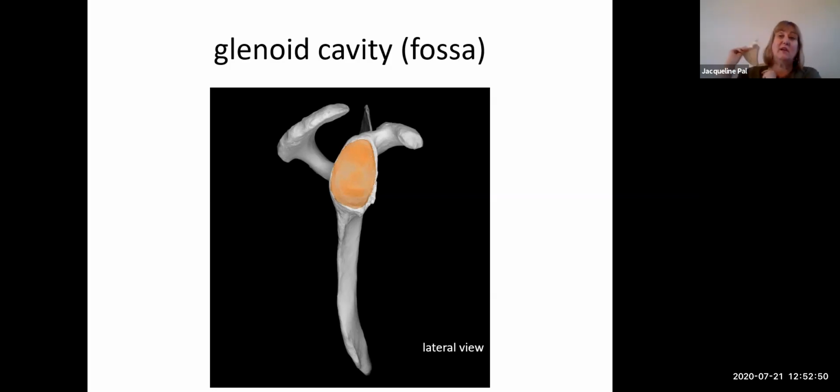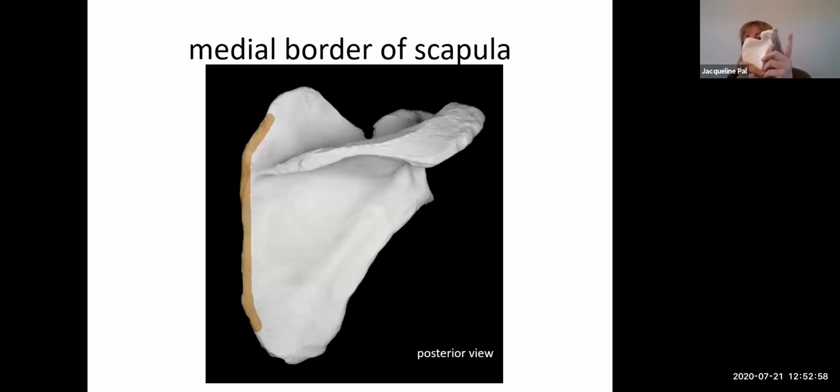It cannot be a right scapula because the humerus does not come out of the middle of my chest. Okay. So knowing that this part is lateral, then that tells you that this part is medial. And so this portion of the scapula is known as the medial border of the scapula.